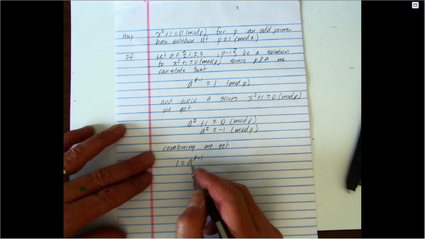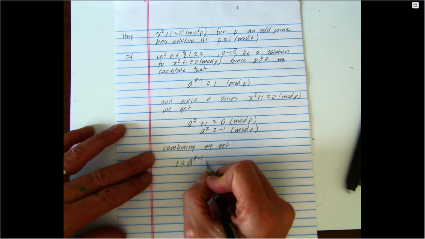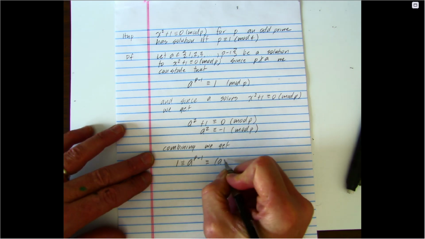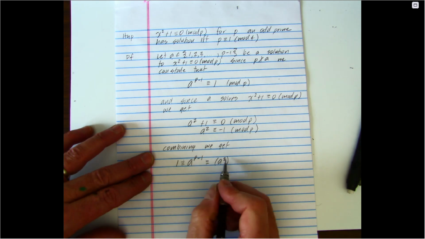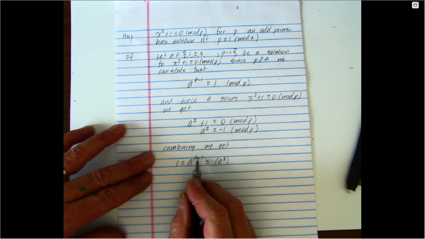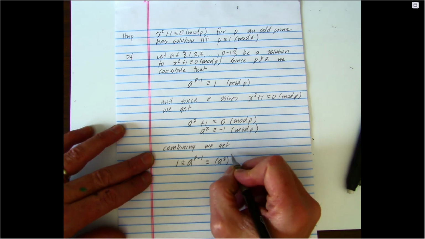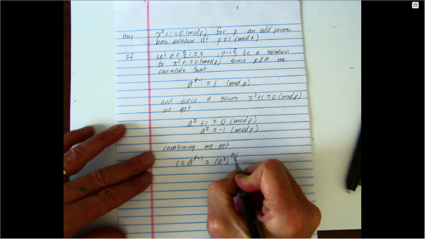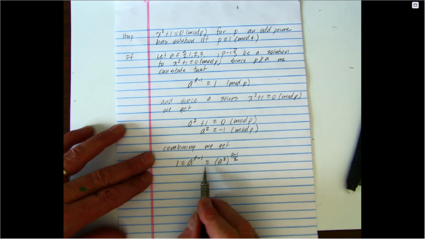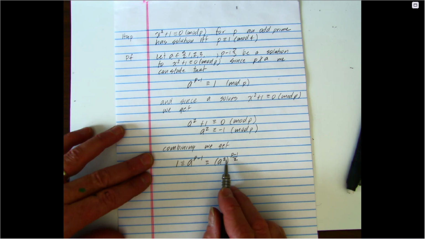So what I'll do is say that this is the same thing as a squared, but if I factor 2 out of this even number, then I've got to divide that even number by 2, so it'll be p minus 1 over 2. Convince yourself of this fact. This is the hardest congruence to see. What we're literally saying is, this even number, p minus 1, because p is an odd prime, I can write as 2 times something, and the 2 I factor out would be 2 times p minus 1 over 2.